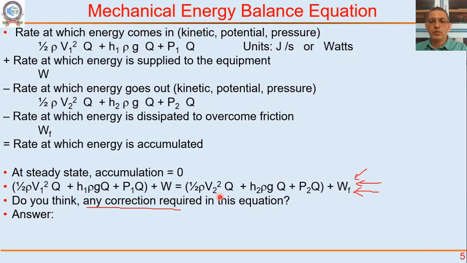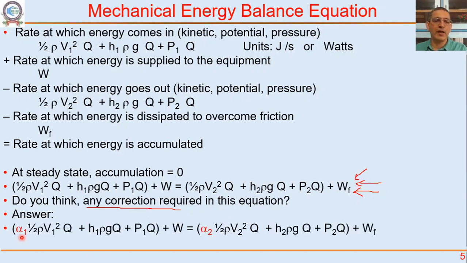So the correction factor now is going to be in terms of alpha: alpha at location 1 and alpha at location 2. These two correction factors we require, and therefore this is the equation that we should be utilizing, not the earlier equation.